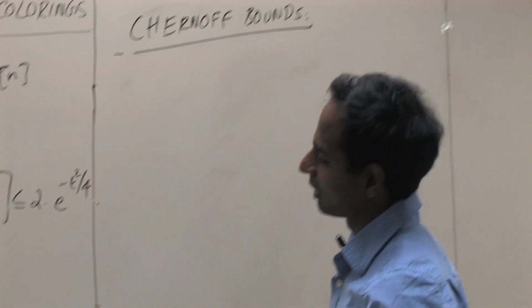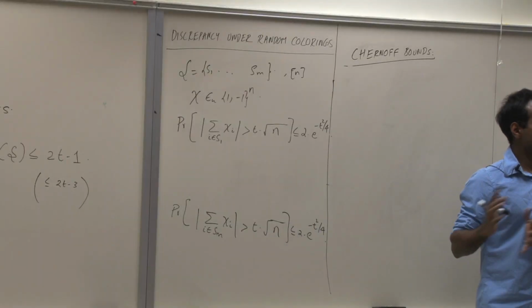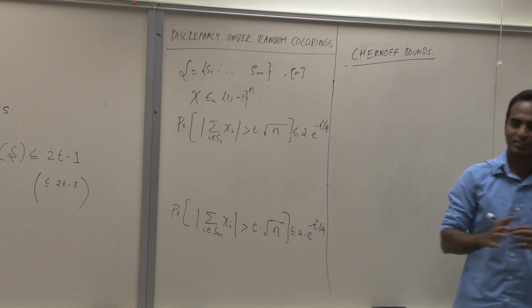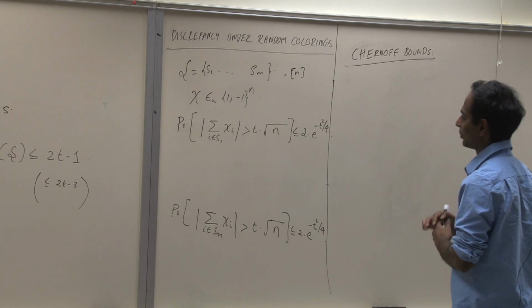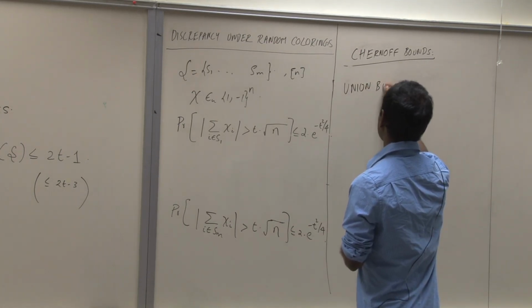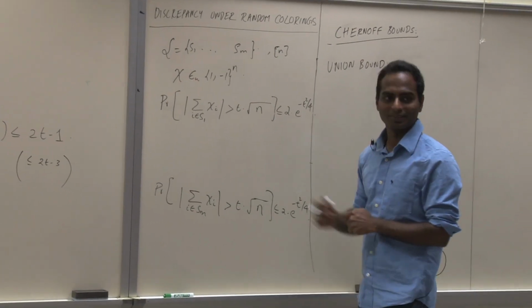So now we'll use something called the union bound. And how many of you have seen the union bound before? Okay, so it's still fewer than expected. So let me just briefly describe it. I bet the people will recognize it, they just don't call it the union bound.